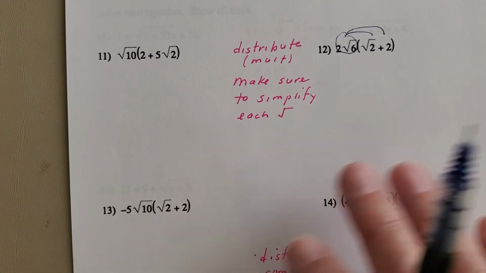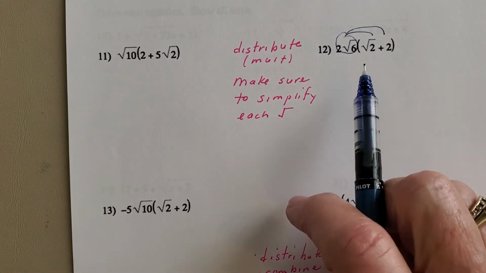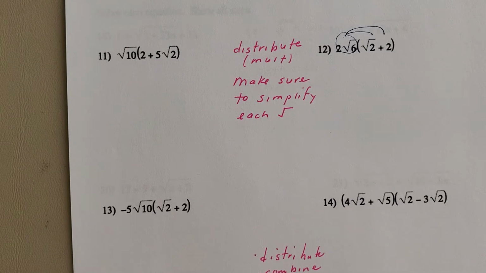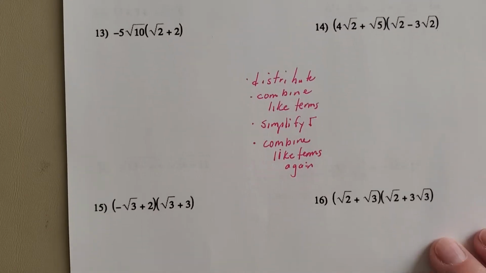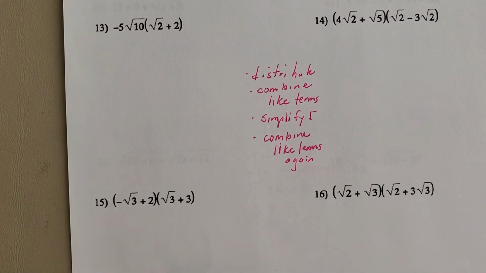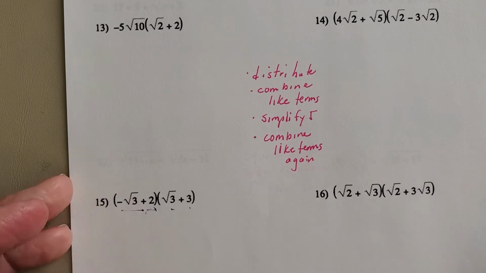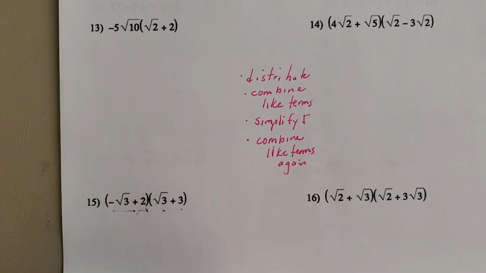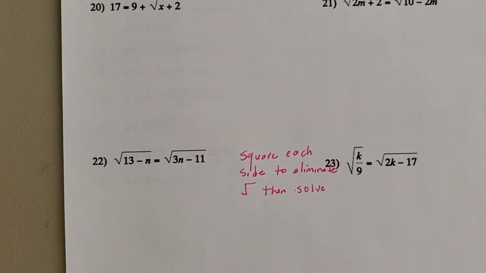So for example, when you multiply, here you'll get a square root of 12, you need to factor that square root of 12 to square root of 4 times square root of 3. All right, more multiplying here. Again, this is a binomial, so you're doing this times both of these, this 2 times both of these, and then simplifying and combining any like terms.